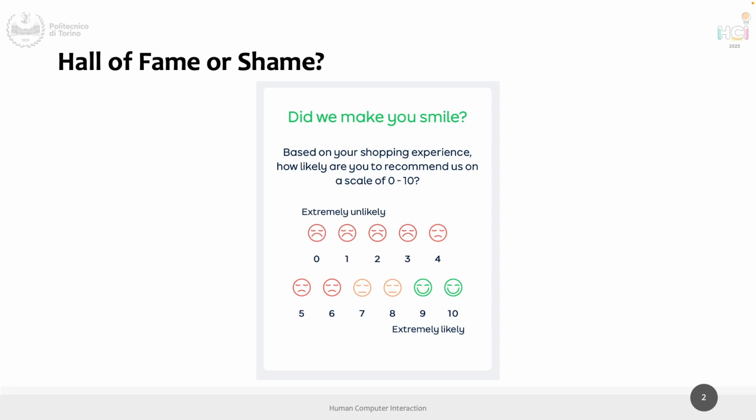Let's hear someone who says shame. Why shame? Number one, there are 11 values, and that triggers me, because why not 10 but 11? And number two, the faces are not proportioned, because from 0 until 6 they're very sad. That's the problem of this. Well, they trigger you, 10, but it's 11.